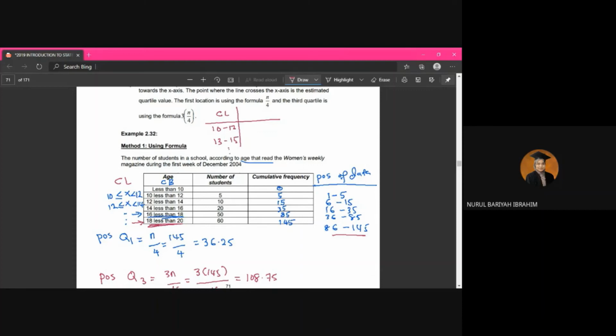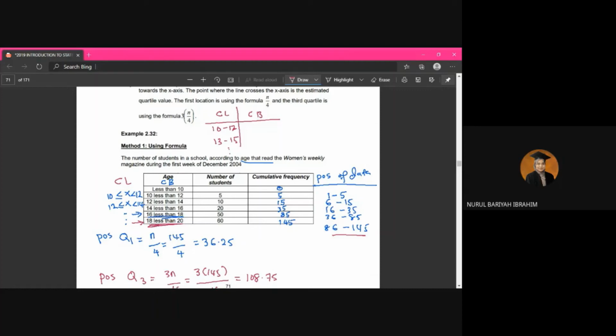So dia punya class boundaries will be, okay, macam mana you kira? Okay, remember nak cari class boundaries, 13 minus 12 divide by 2. So dia punya class boundaries 0.5.